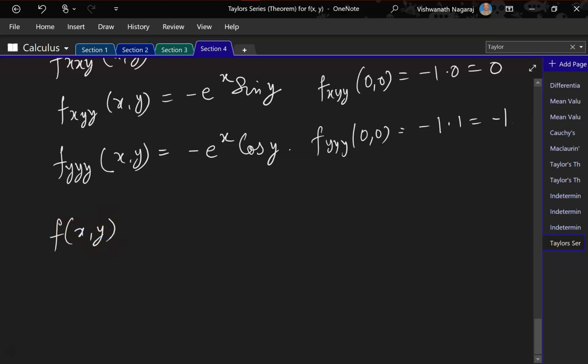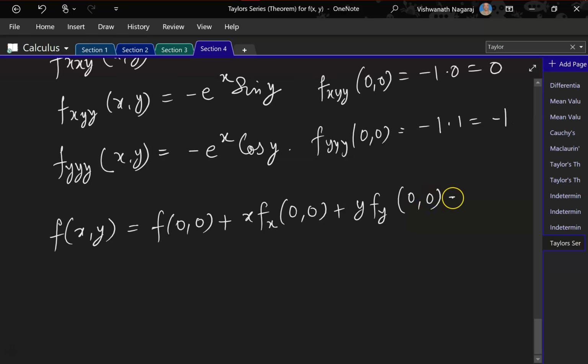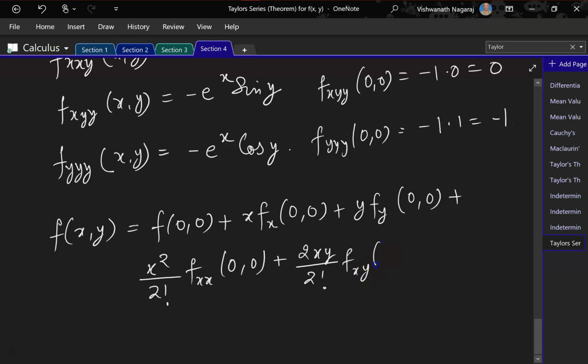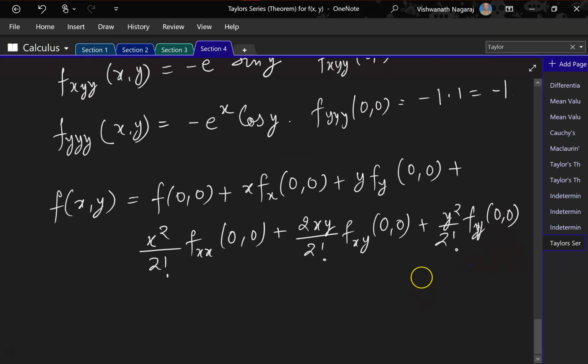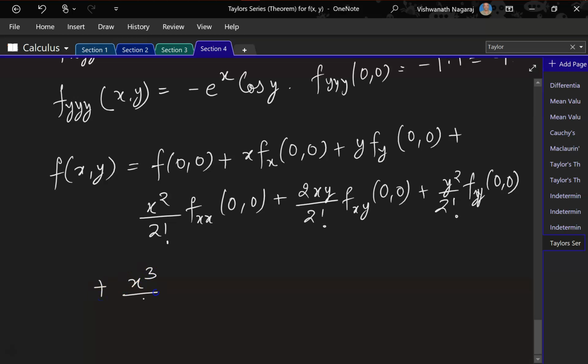What I would suggest is, till you become comfortable, you write the standard form. f of 0 comma 0 plus x f x 0 comma 0 plus y f y 0 comma 0 plus then x square by 2 factorial f xx of 0 comma 0 plus 2xy by 2 factorial f xy 0 comma 0 plus y square by 2 factorial f yy 0 comma 0 plus x cube by 3 factorial f xxx 0 comma 0.